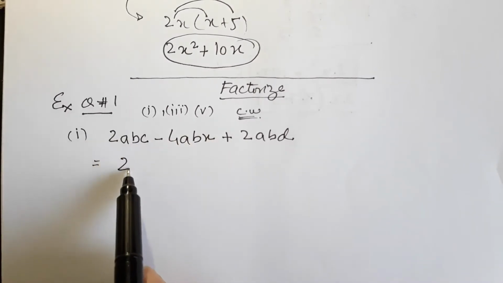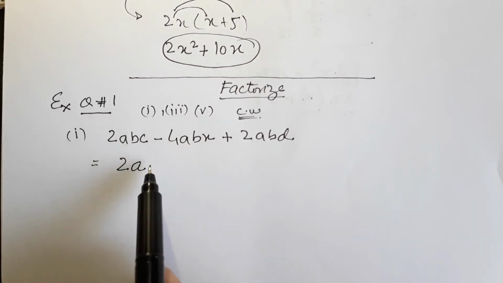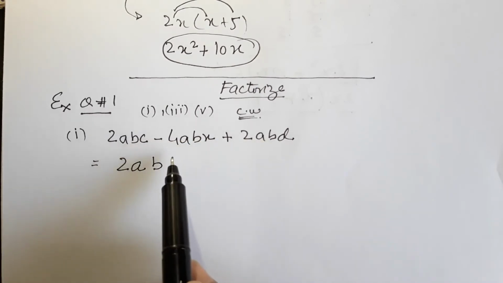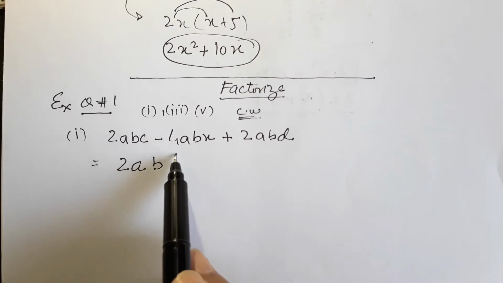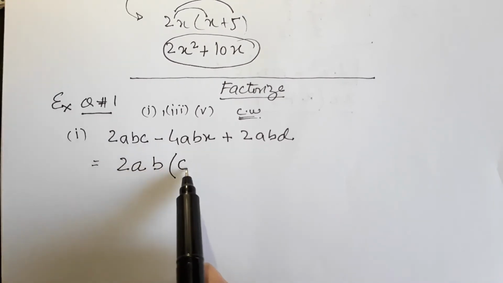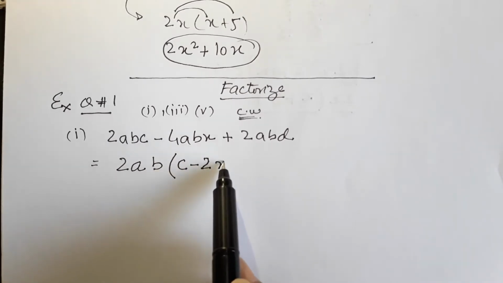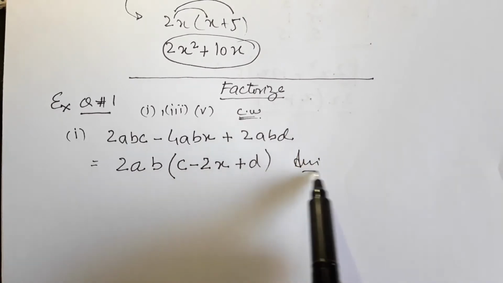Here 2 is common. A is common. B is also common. C, X, D. There is nothing common in C, X and D. So the remaining values will be c minus 2x plus d. So this is the answer.